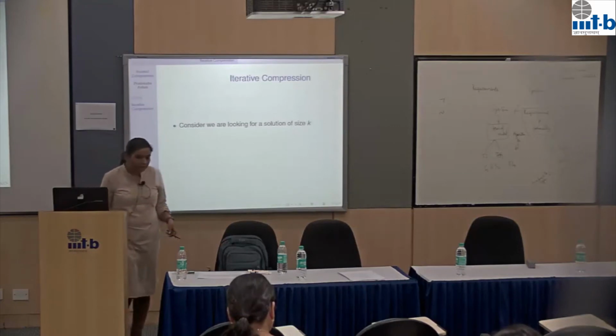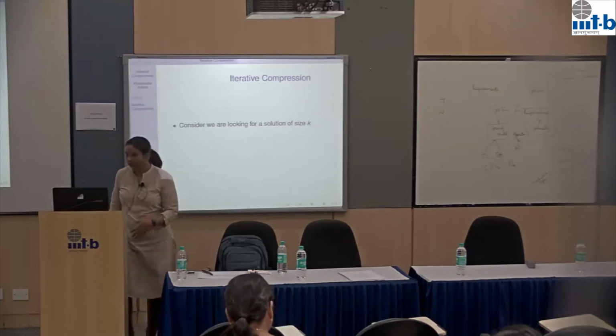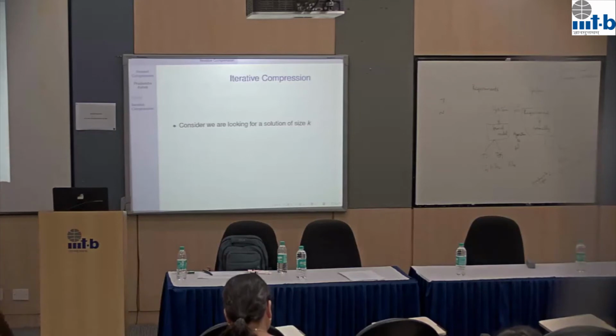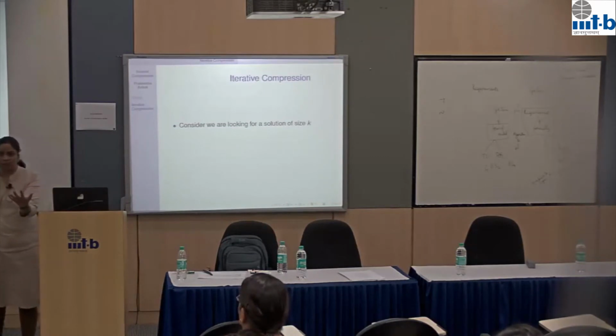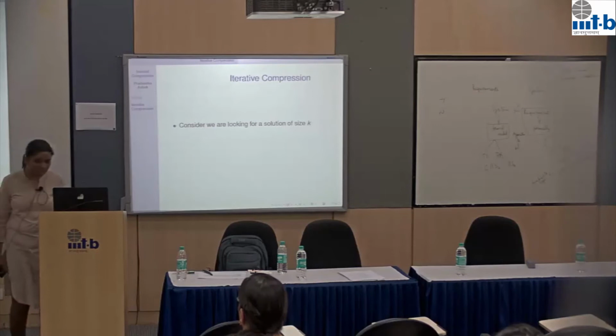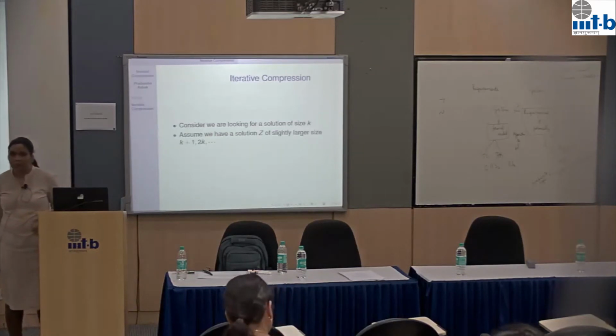Now let's assume I tell you, I don't know whether there is a solution of size k or not, but I can give you a solution which is slightly larger than k. Assume I give you a solution of size k plus 1. So what are you looking for?